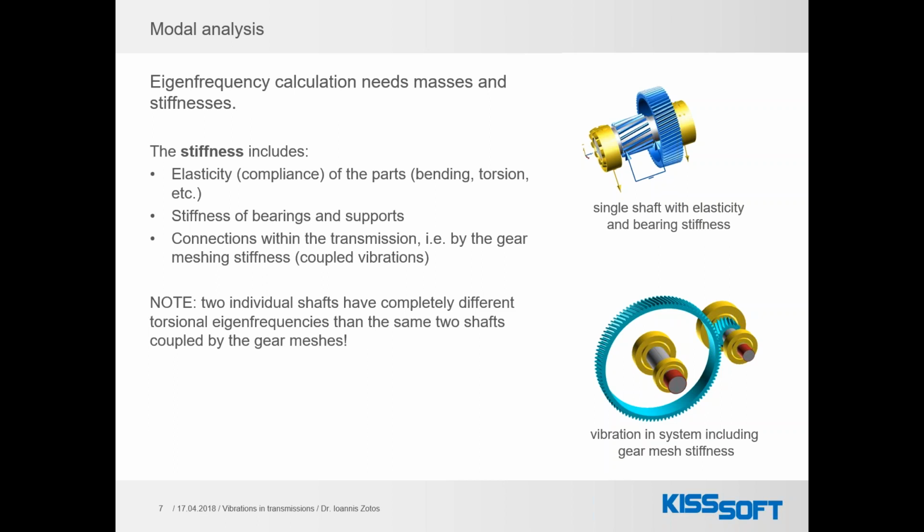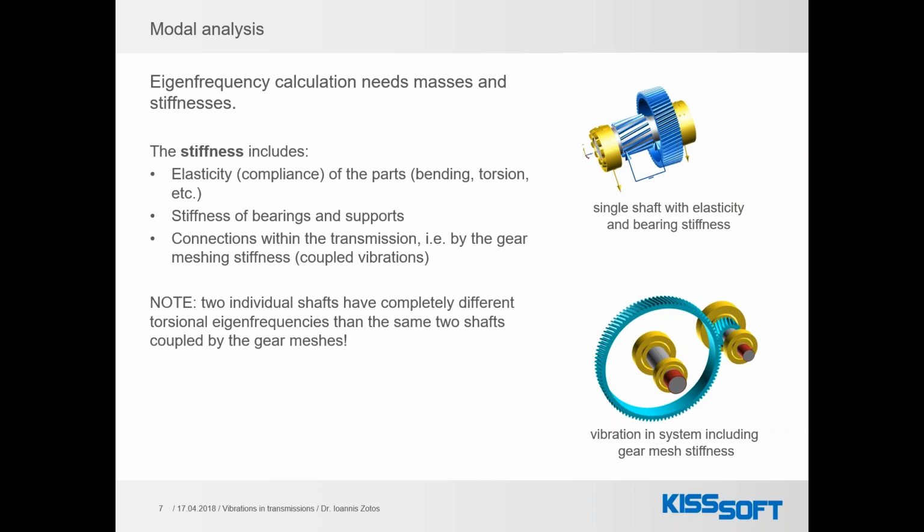And also, if we are talking about a system of shafts, we also need to take into account any connections, for example, the gear mesh stiffness. So this is another stiffness that comes into play in systems. And then we talk about coupled vibrations between shafts. What is important at this point is to point out that whenever we are talking about a system of shafts, we should always analyze them as a system.